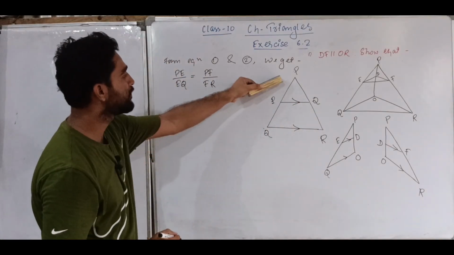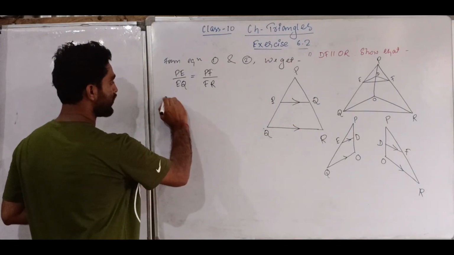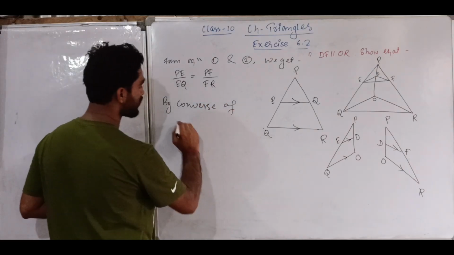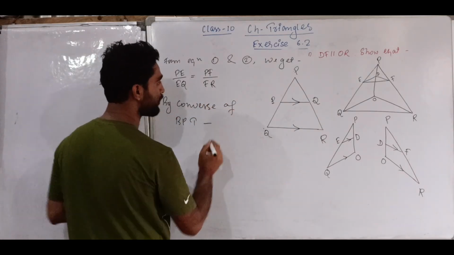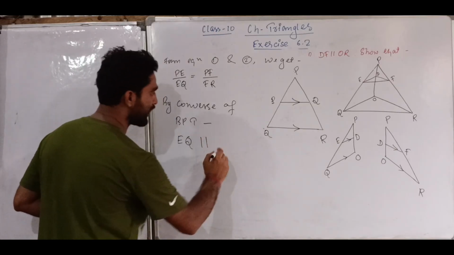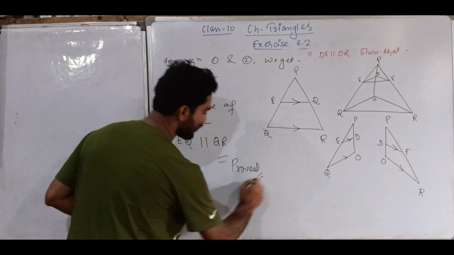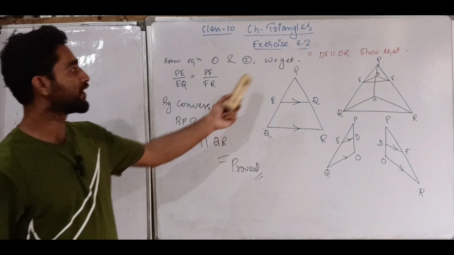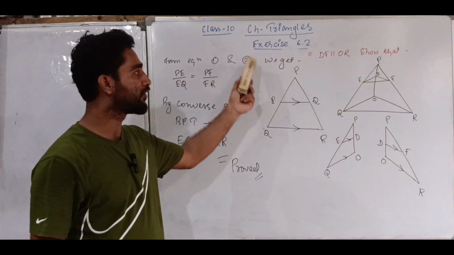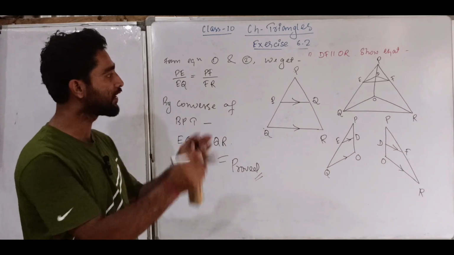So already you proved this ratio equality, so by the converse of BPT, the basic proportionality theorem, we can say EF is parallel to QR. Hence proved. So in this question we applied both theorem 6.1 as well as theorem 6.2, that is, the Thales theorem as well as the converse of Thales theorem.